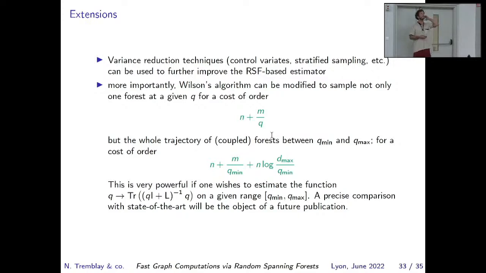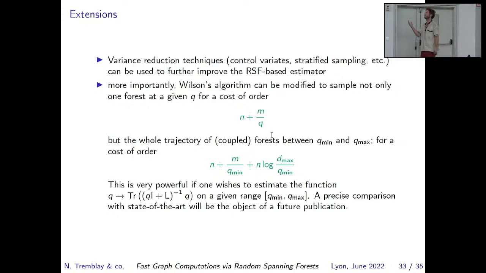A precise comparison with state of the art is currently an object for a future publication, and it's actually quite hard to do a fair comparison with state of the art because you need to kind of reinvent tricks for PCG, for preconditioned conjugate gradient.